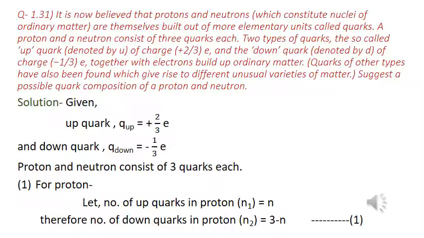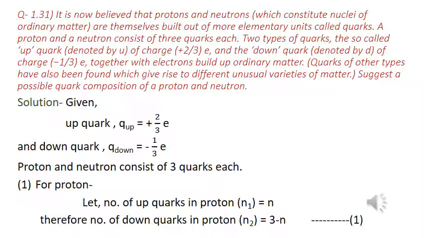Here in the question it is given that protons and neutrons are built out of more elementary units called quarks, and the two quarks are given here, up quark and down quark. Up quark is denoted by U having charge plus 2 by 3e and down quark denoted by D having charge minus 1 by 3e.